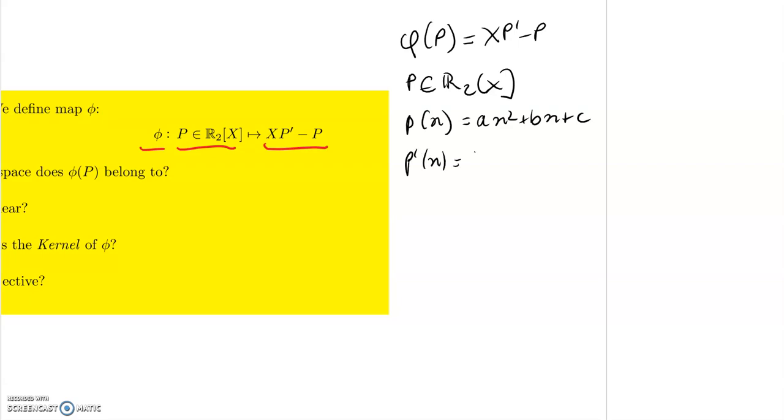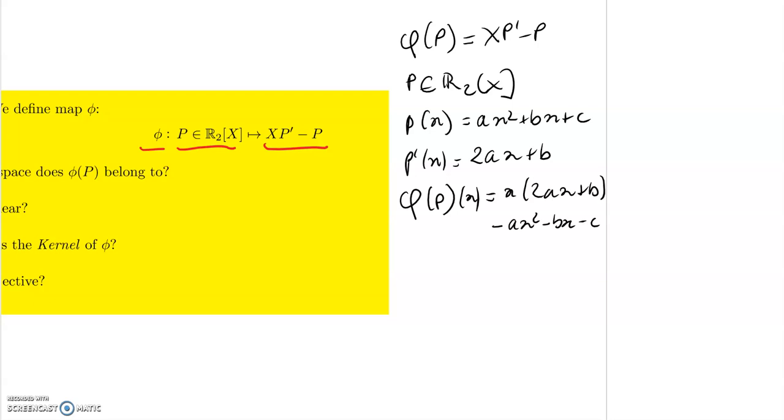So p prime of x is just 2ax plus b, and I will get that phi applied to p gives you a function of x, and that's just going to be x times (2ax plus b) minus (ax^2 plus bx plus c). So that can be written as (2a minus a)x^2 plus (b minus b)x minus c. The bx terms cancel out, and that's ax^2 minus c.